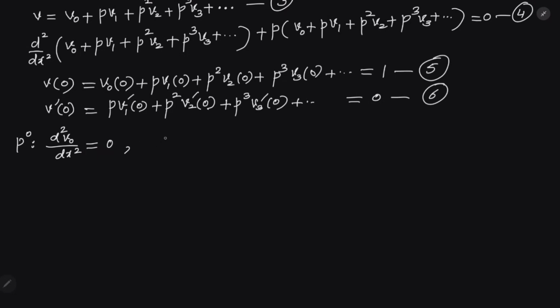And since this is a second order differential equation, when we compare the coefficients of p raised to power 0 for equation 5, we get v naught at 0 is equal to 1, and v naught dash 0 is equal to 0.